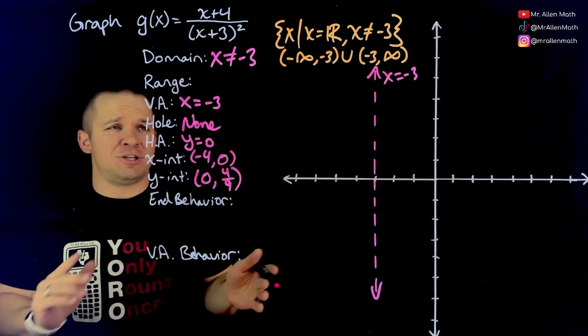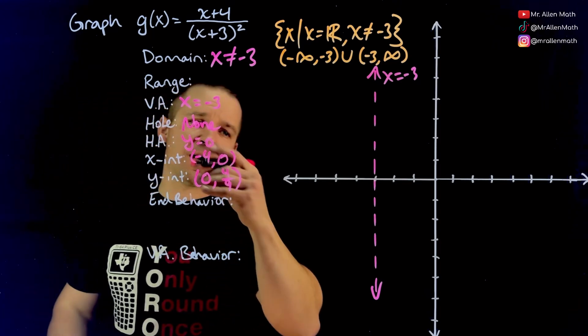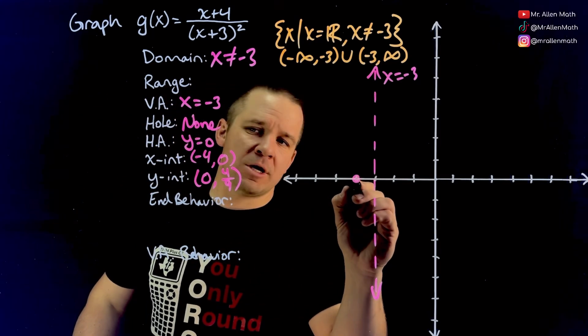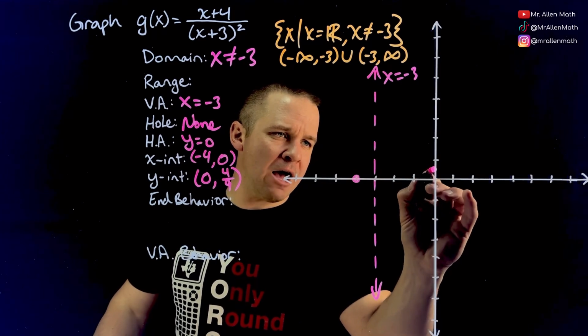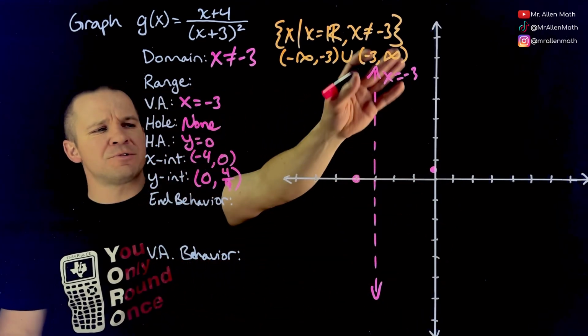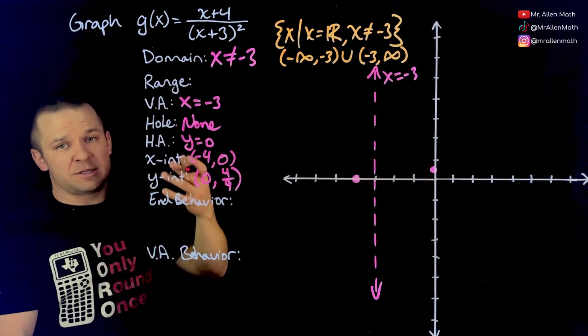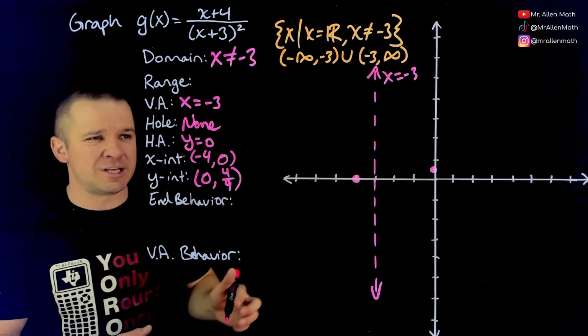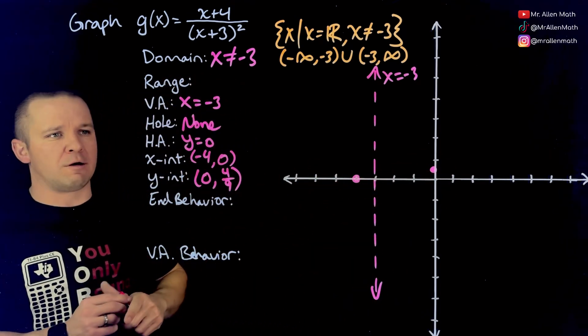Probably not necessary. Your teacher might not make you do that, but I often label my graphs just to be all fancy and bougie. X-intercept, -4, 0. Y-intercept, 0, 4 over 9. It's right around a half, right? Anytime they're scaled out right here, you don't have to necessarily label it. A lot of times in polynomials, we leave it unscaled, and then we label our y-intercept. If it's scaled out, as long as I'm between 0 and 1, we're good to go there, all right?